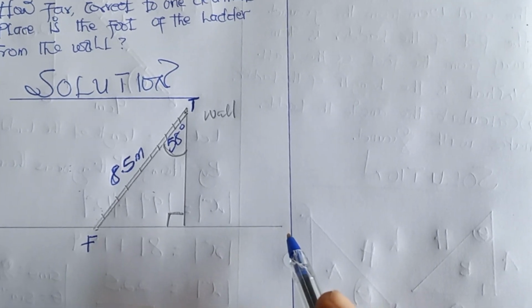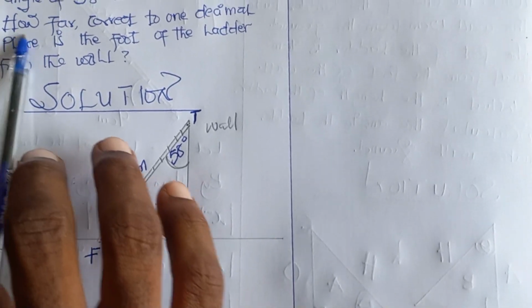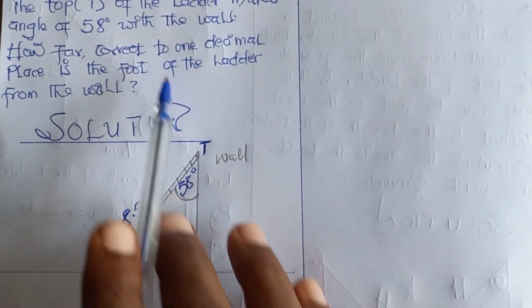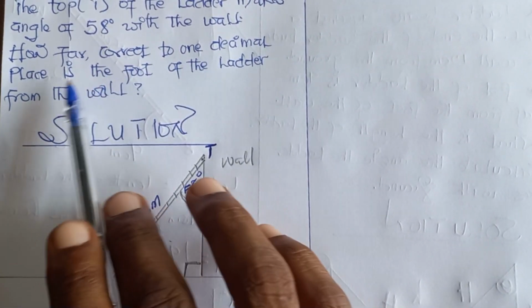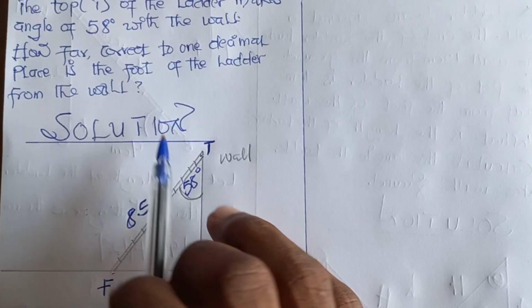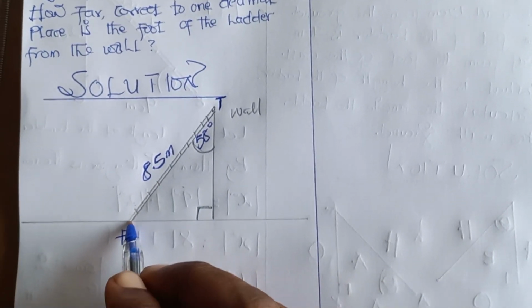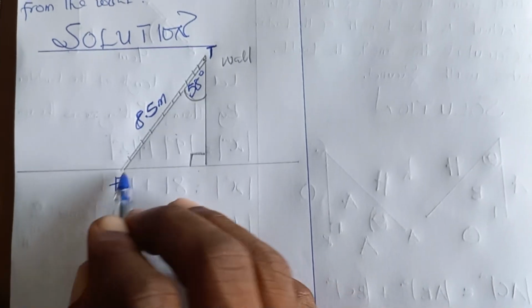Is that all? So we're asked to calculate how far, correct to one decimal place, the foot of the ladder is from the wall. So this is what we are looking for.